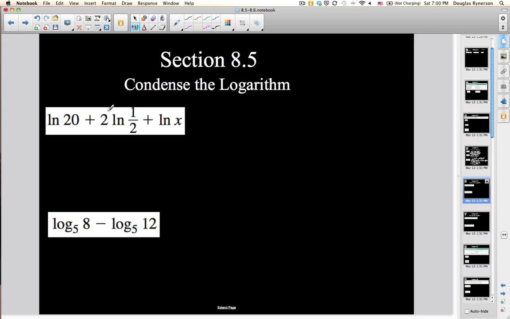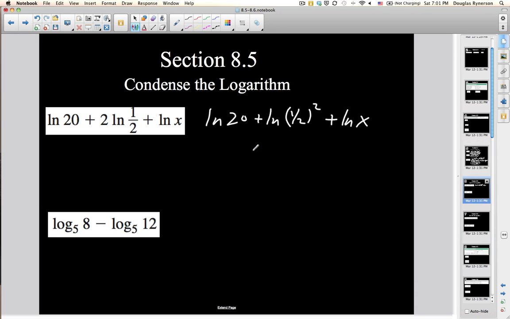So again, if I find coefficients, what we want to do is get rid of coefficients, they become exponents, and then adding would become multiplication and subtraction would become division. So the first thing I'm going to do is take care of the coefficient: natural log of 20 plus the natural log of 1/2 squared plus the natural log of x.